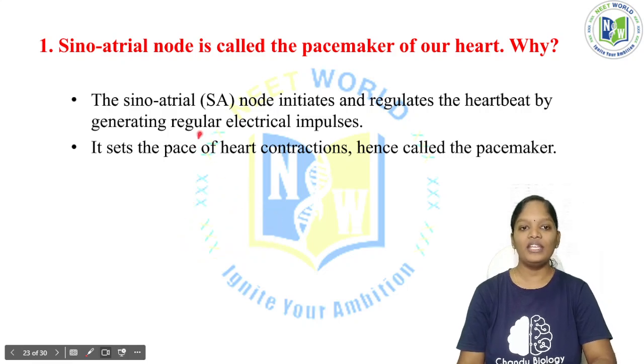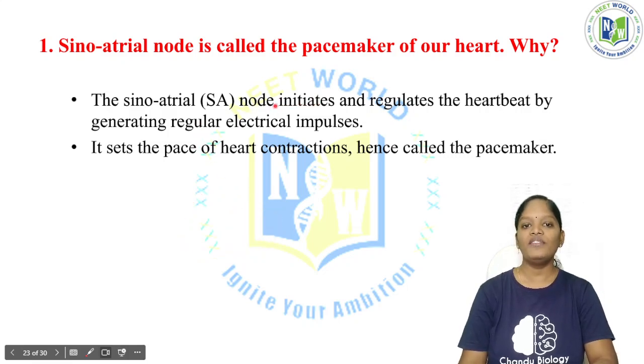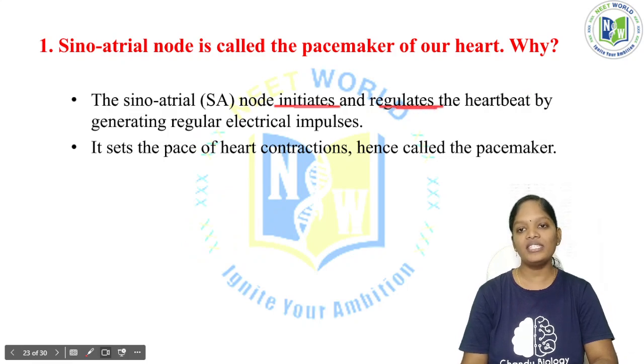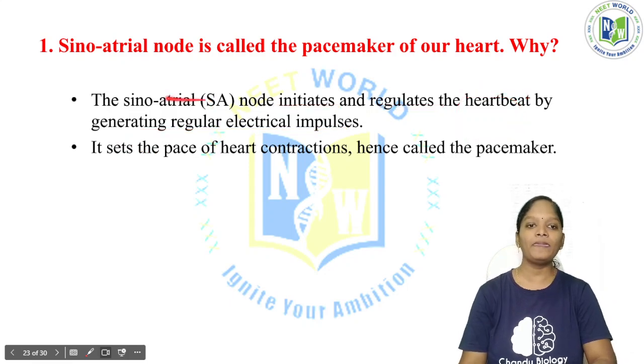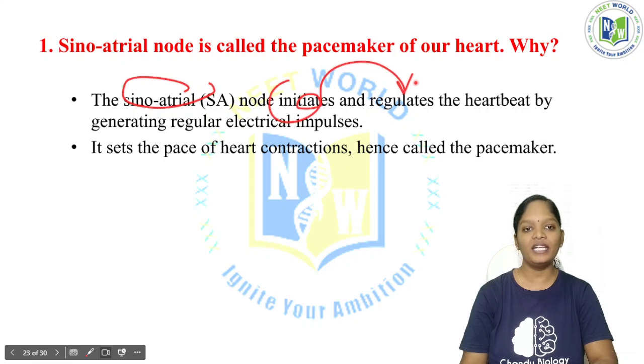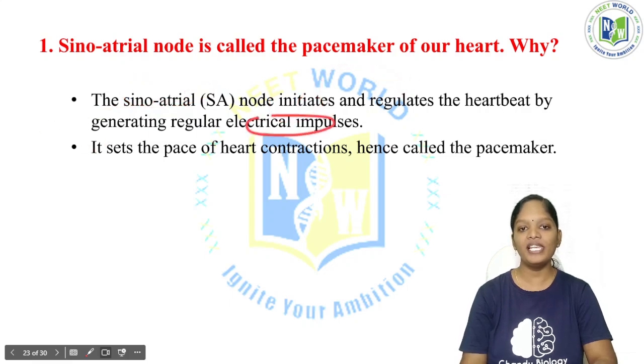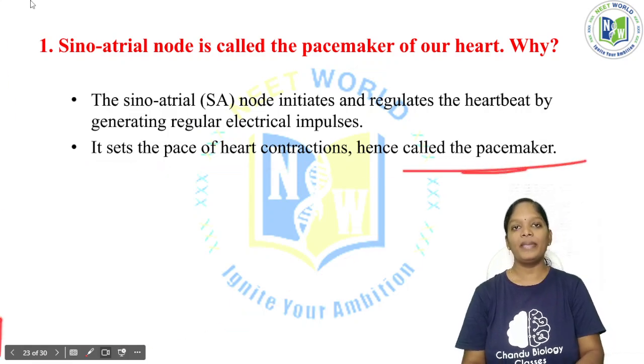The sinoatrial node initiates and regulates the heartbeat by generating regular electrical impulses. They are the one initiating as well as regulating the heartbeat by generating an electrical impulse. So this is why we say the SA node is the pacemaker of our heart. It sets the pace of the heart contractions, hence called the pacemaker.